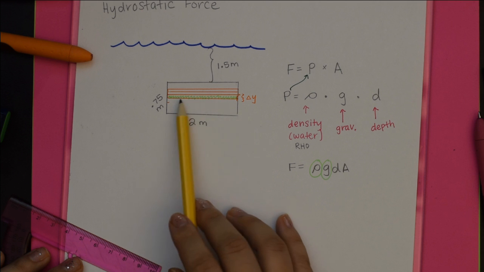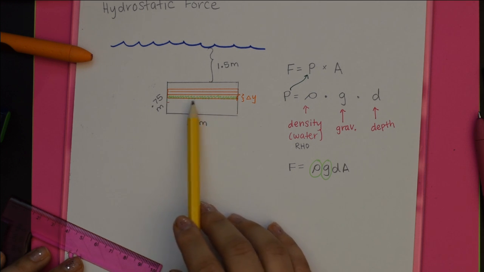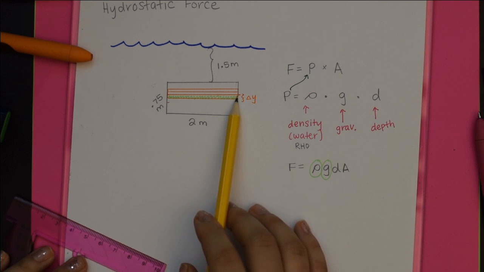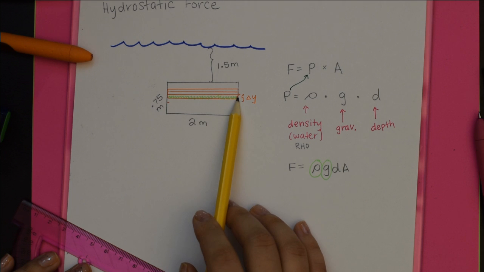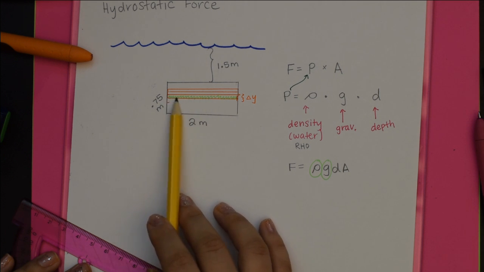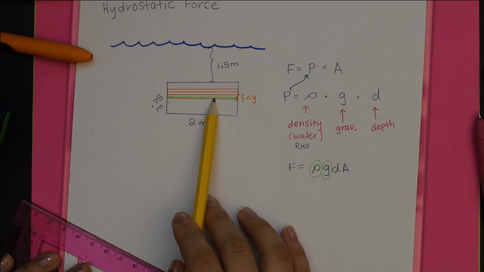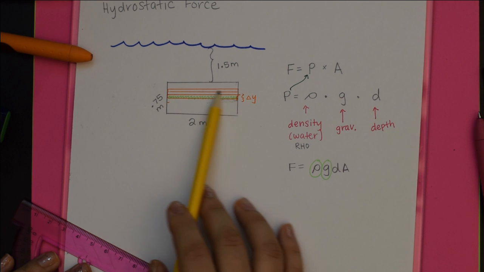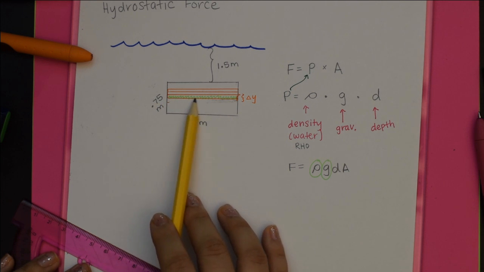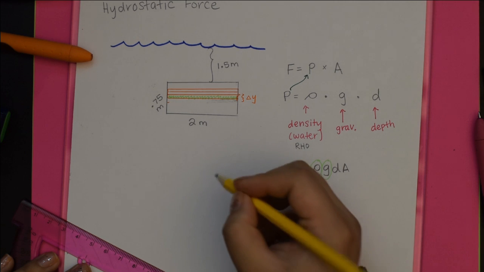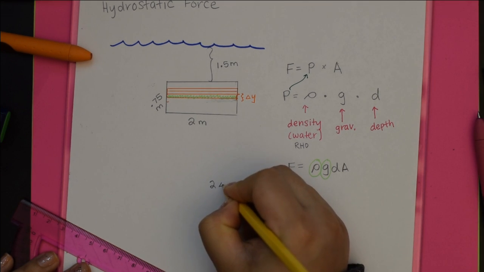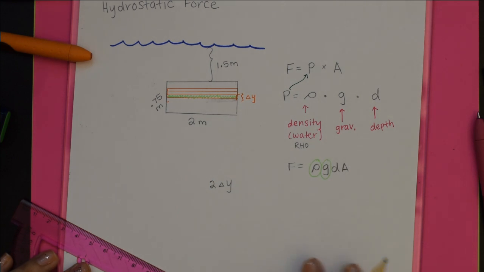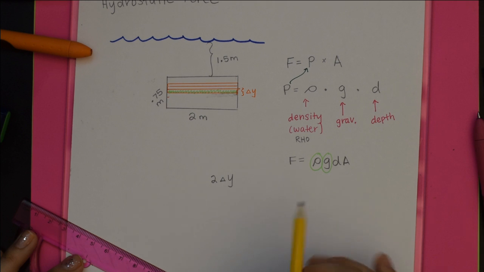To find the area of a rectangle, you do length times width. We have a delta y, and then what is this horizontal part? That's actually 2. We're lucky because this is nice and pretty. It's a rectangle, so this is going to be 2. So the area is going to be 2 times delta y. That's our area part.